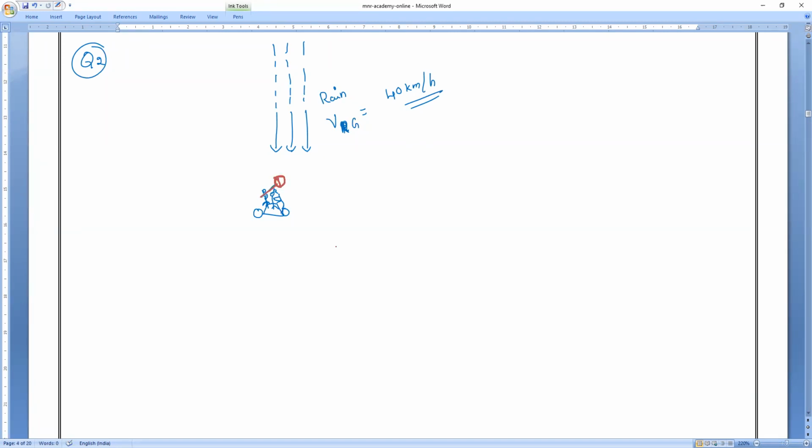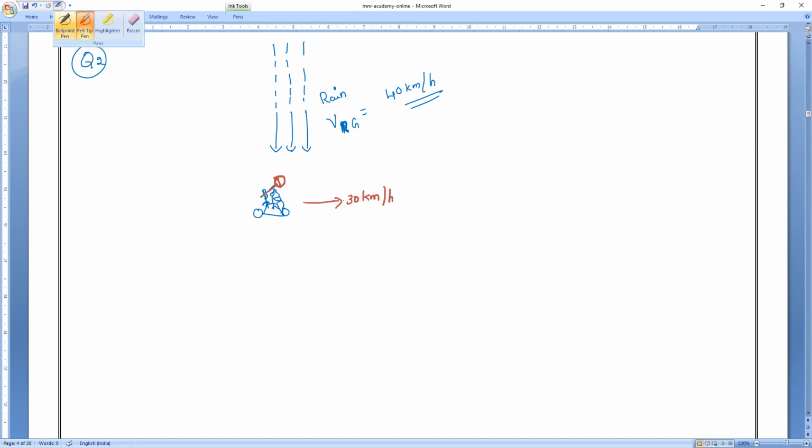Shall we solve now? Shall we find the resultant force? You remember, both are traveling on a bicycle at 30 kilometers per hour. 30 kilometers per hour means with respect to whom? Ground.